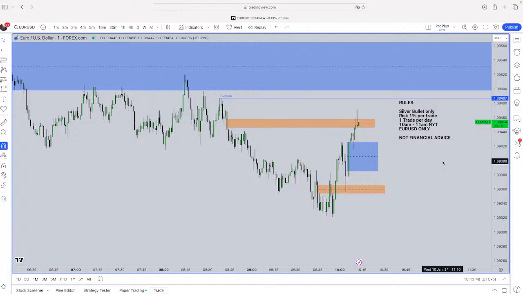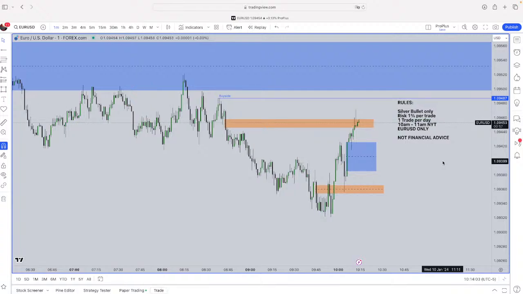So I want to see it close above this now. I don't want to see it start slowing down here. I want to see it just not respect it at all. Even though the past two candles it has respected it, in the next couple of candles I want to see it start breaking above.